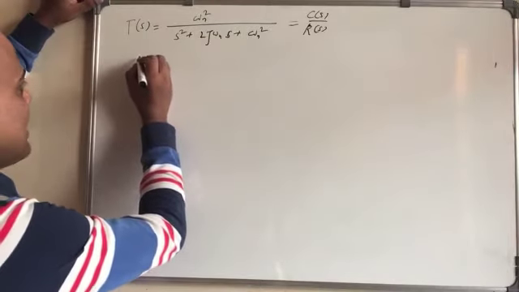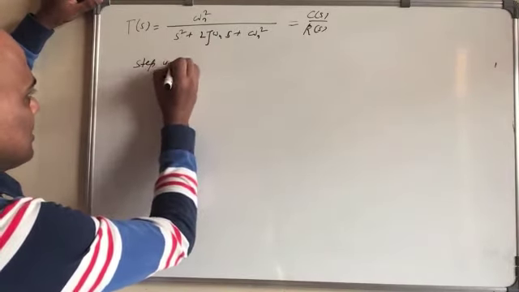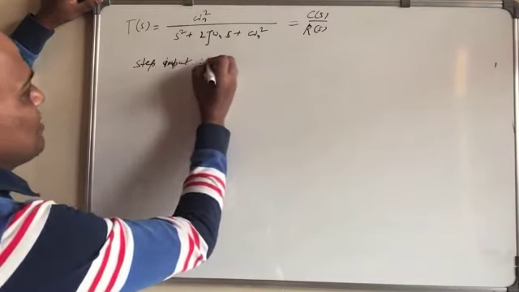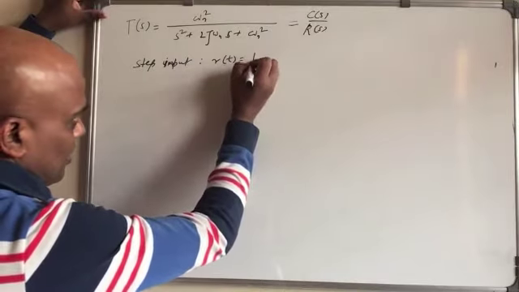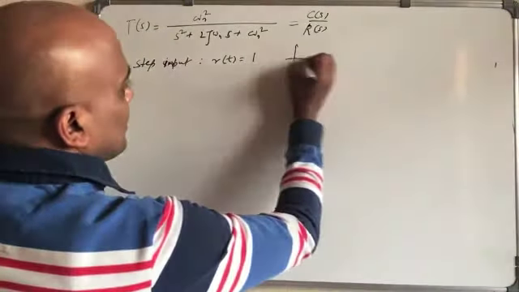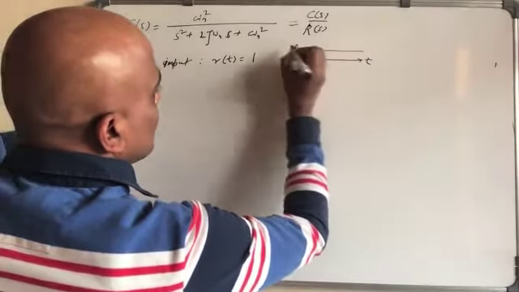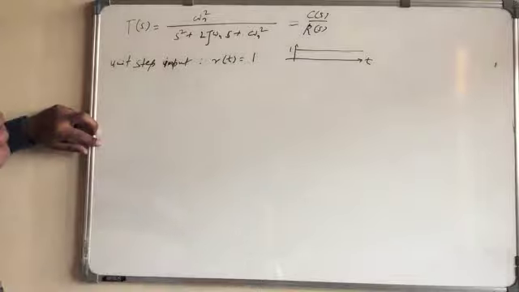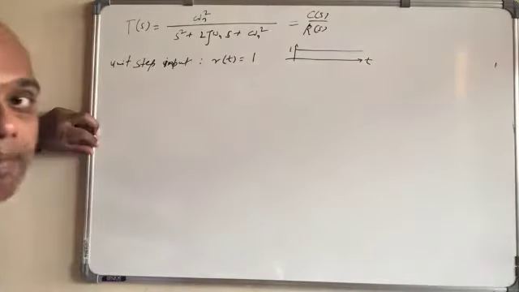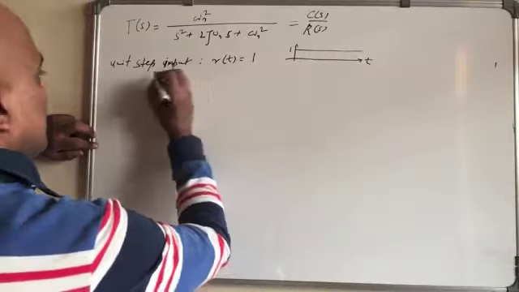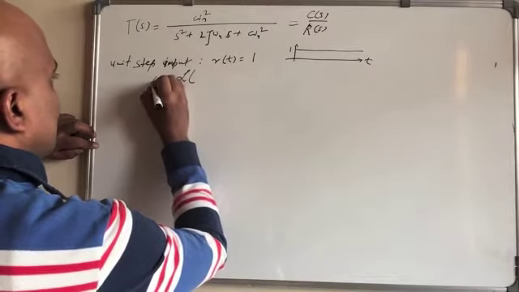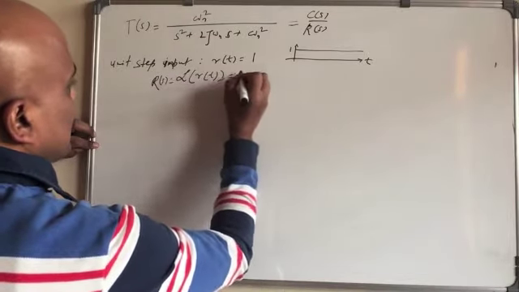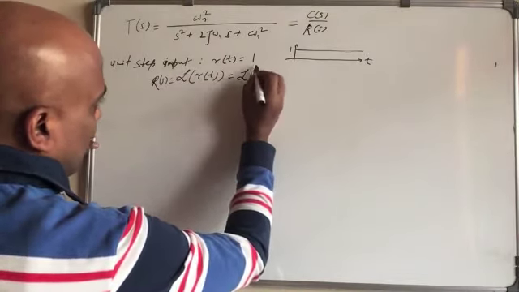Now R(s), a step input, really means r(t) is equal to 1, a unit step input. We want to find out the response to that.